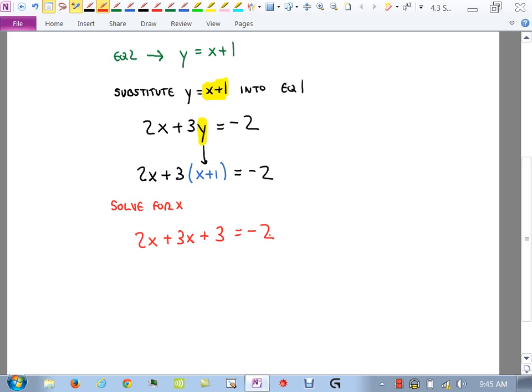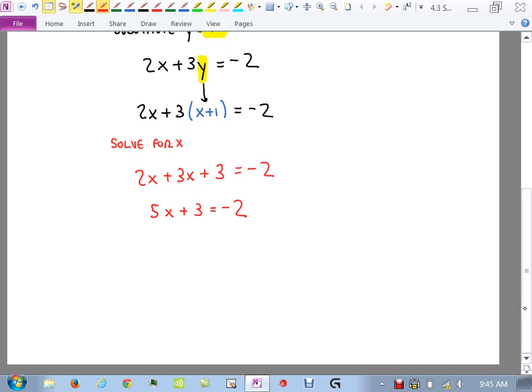After you remove parentheses, you can combine like terms. 5x plus 3 equals -2. Okay, now what? Move the 3 over because you're isolating the variable term right now. So subtract 3 on both sides. We get 5x equals what? -5. And then finally, to get x, divide both sides by 5.